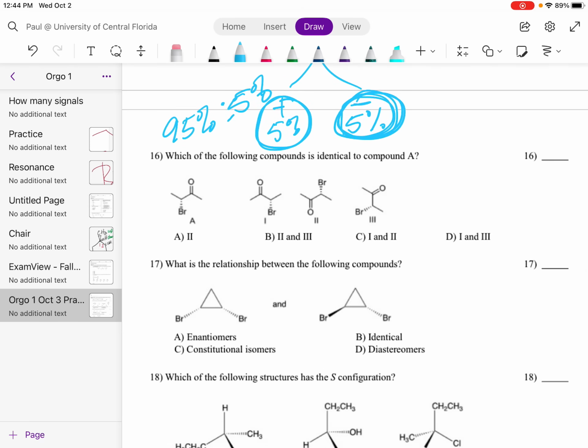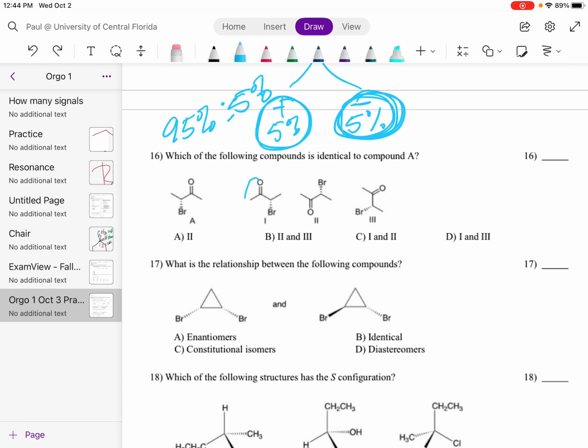Which of the following compounds is identical to compound A? Let's see here. We have compounds 1, 2, and 3. So we just have to see their relationship. And so we've learned that identical compounds are going to be superimposable.